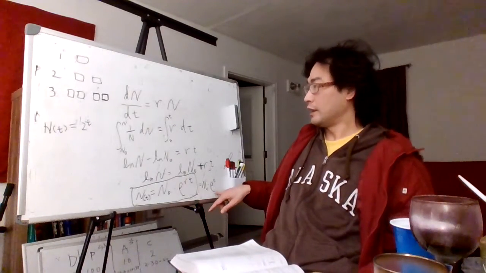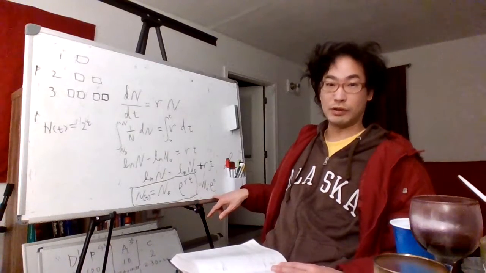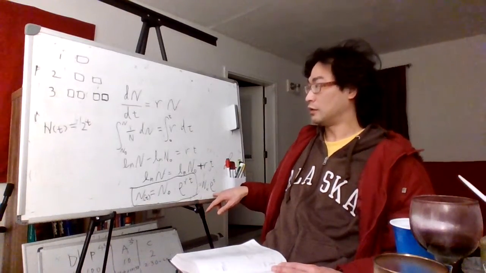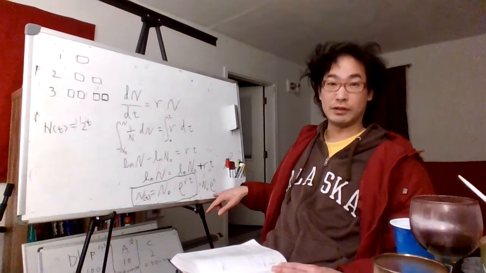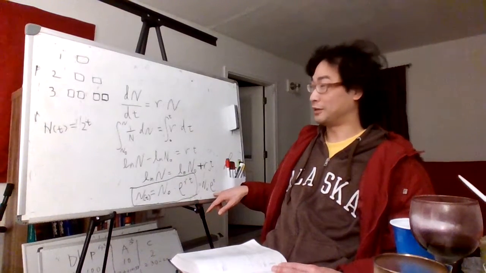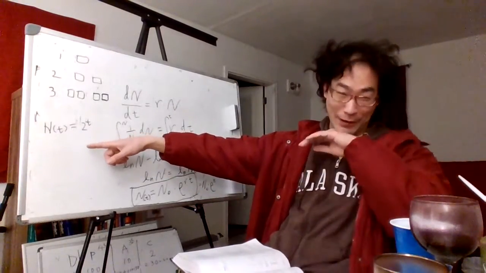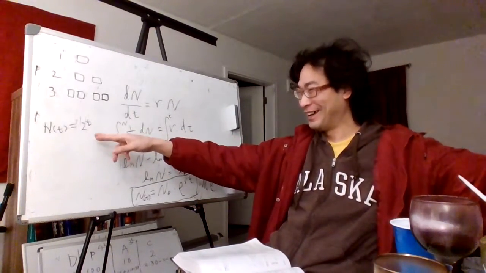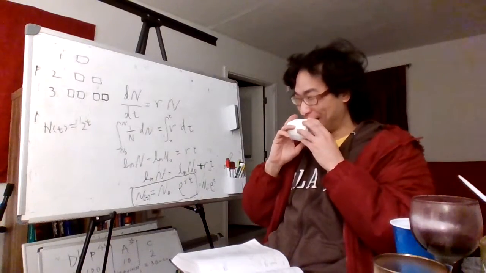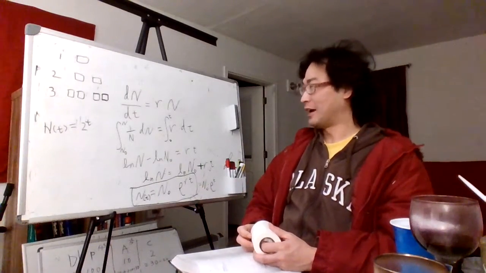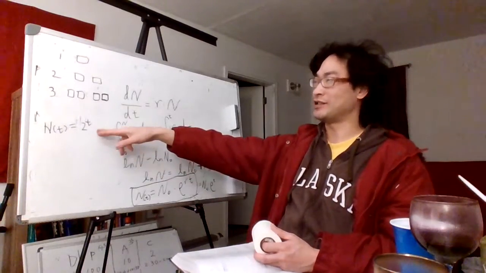So e is the natural number, Euler's number, about 2.7, which is not too different from 2. Of course there's some calibration.